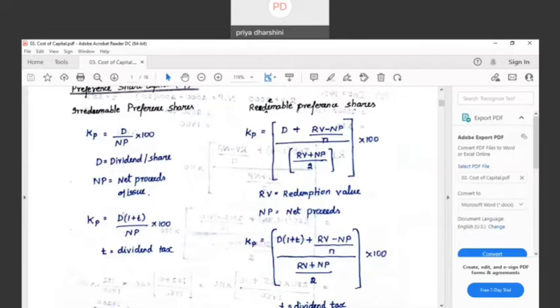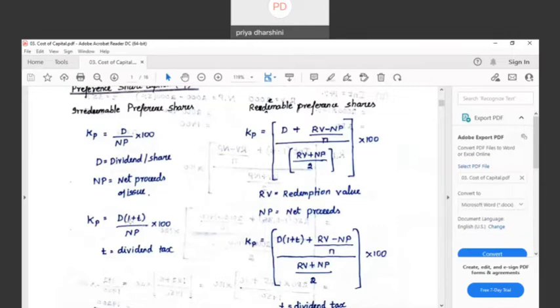It is not just the dividend which is the cost to the company. The tax on it also is a cost to the company now, right? So when dividend distribution tax is imposed on the company, the cost of preference shares will be D into 1 plus T divided by net proceeds into 100. It is 1 plus T.